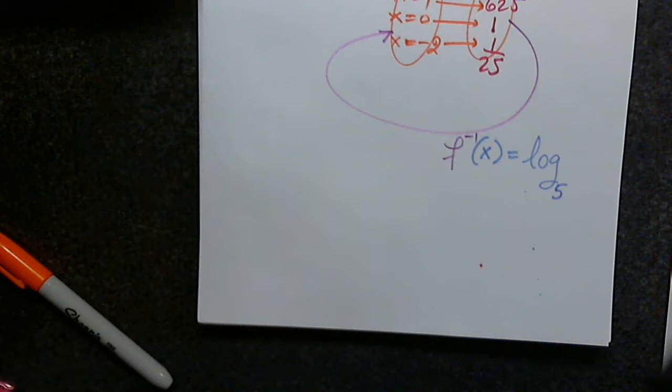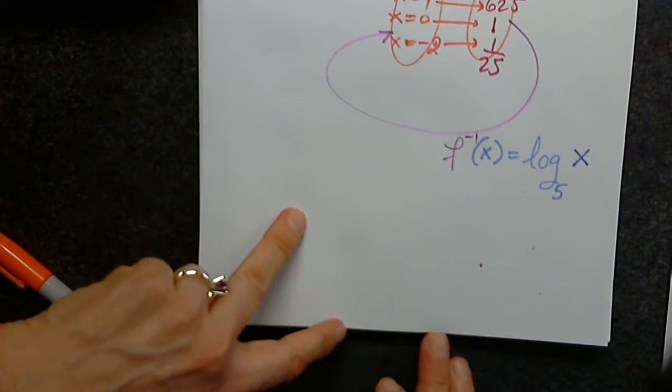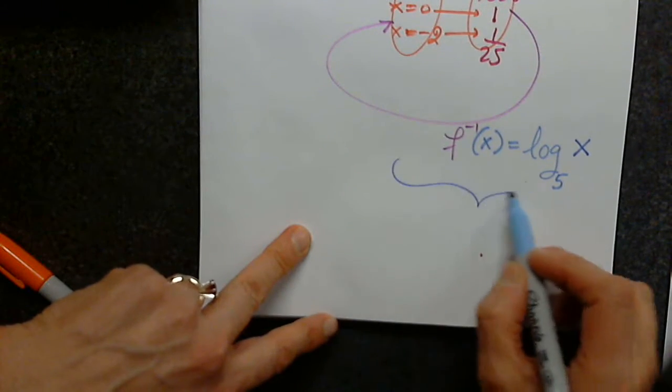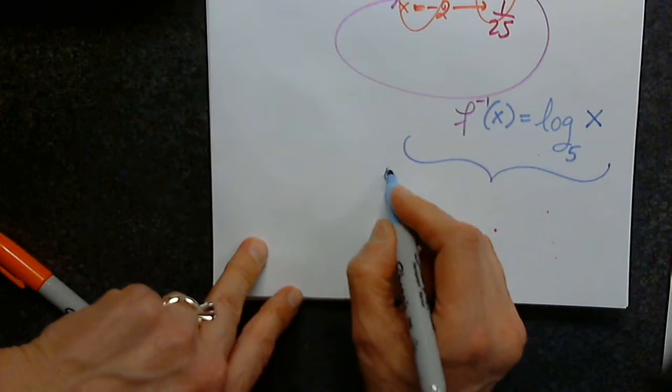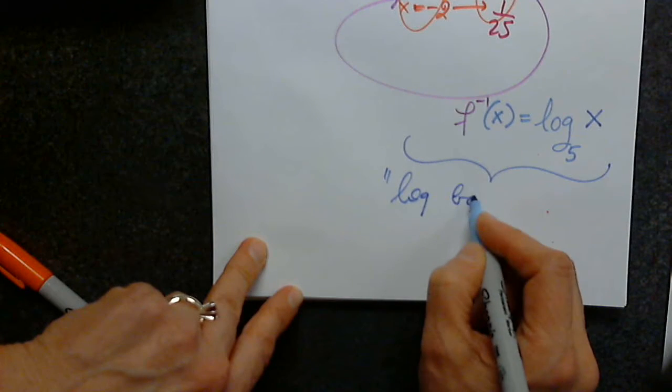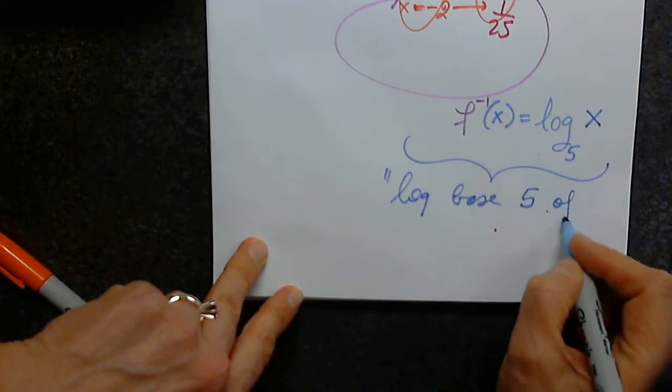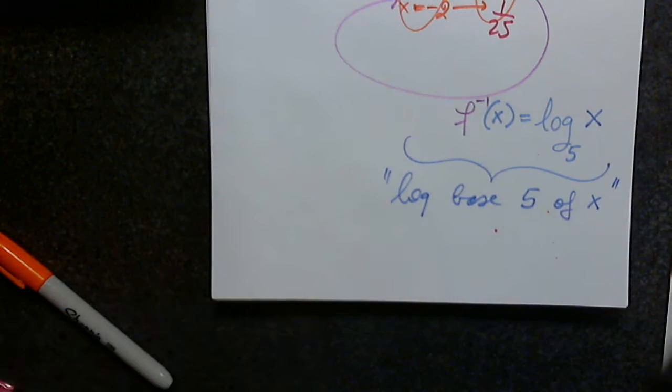There is no way I can apply log base 3 to this number and get negative 2. So the inverse function has to have the same base as the original function. Yes. So log base 5 of x. One more time, how do I read this? Log base 5 of x.